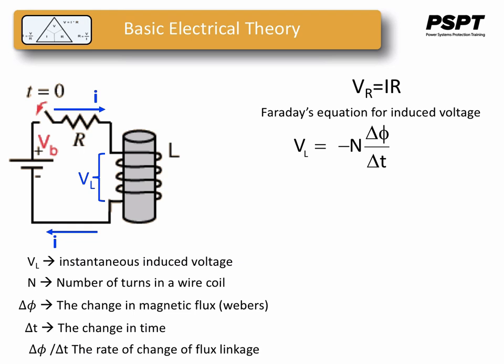That means that I is proportional to phi, where I is the current and phi is the flux. We can make an equation out of this rather than just a proportionality by saying that phi is equal to k times I, where k is just some constant that we can use.